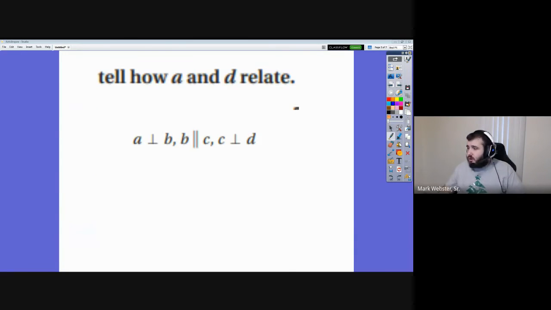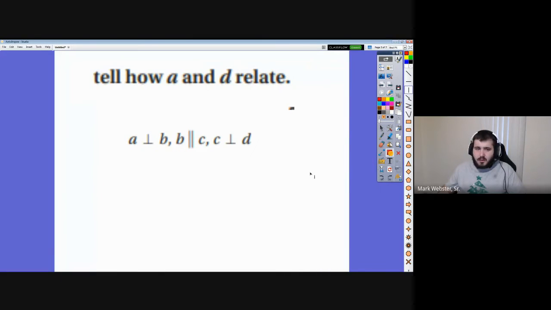All right. So, once again, as we're doing this, it behooves us to draw a picture. So, we've got A is perpendicular to B. Let me draw A and B so that they're perpendicular to each other.